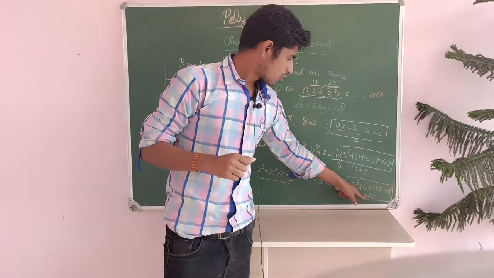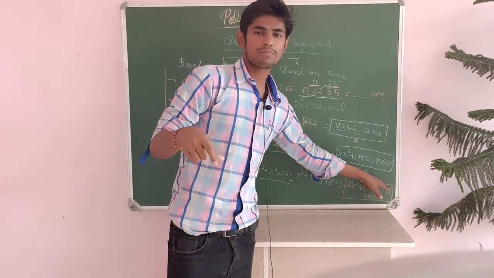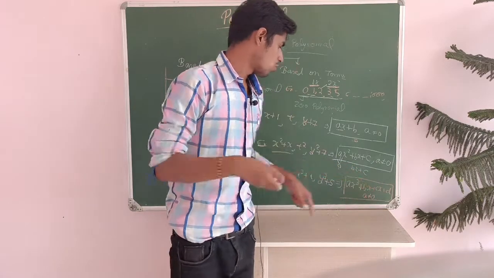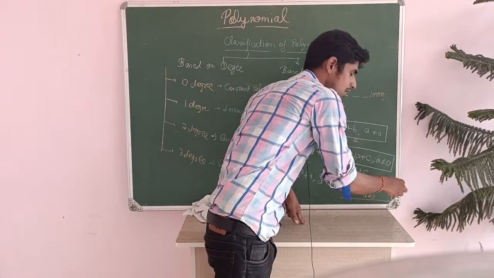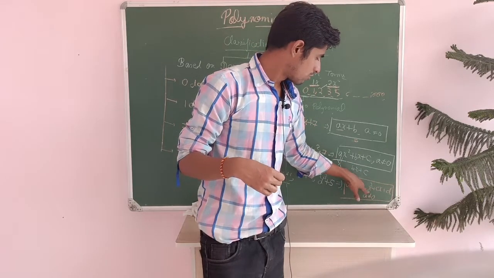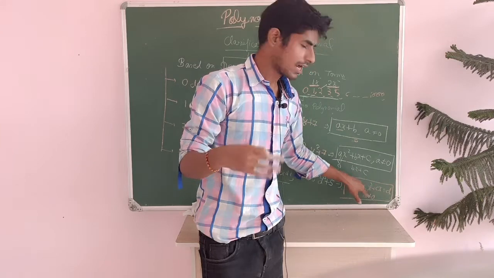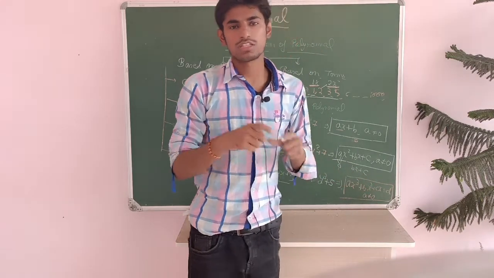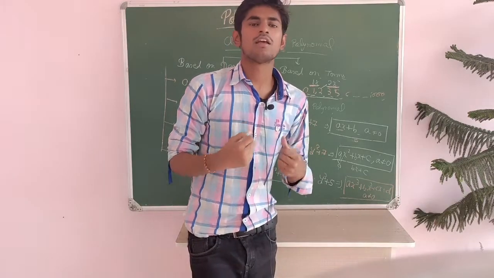Again, why a not equal to 0? If a becomes 0, this will become quadratic: bx square plus cx plus d, that is quadratic. That's why a should not be 0.